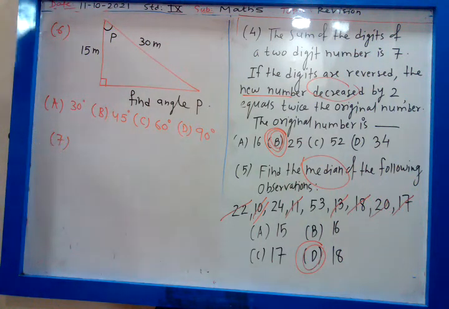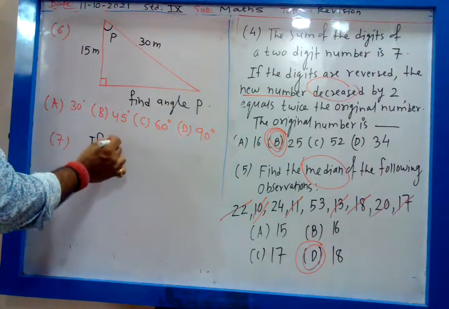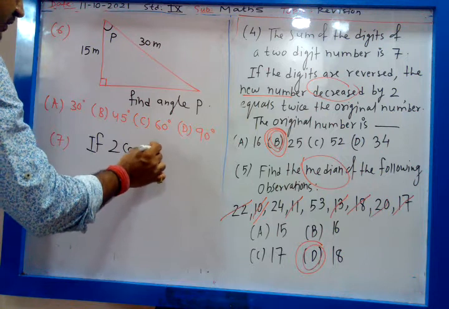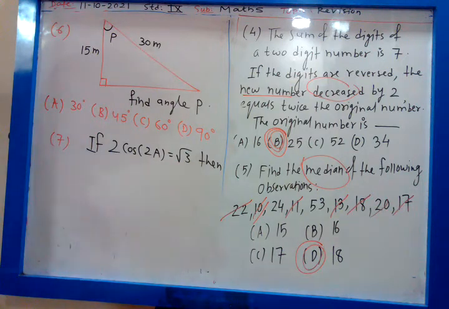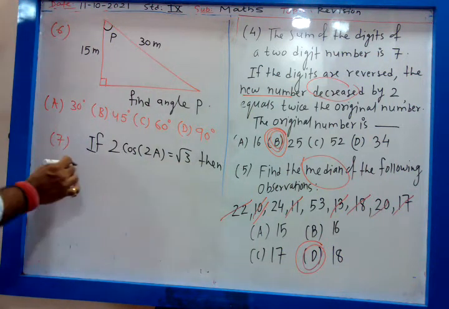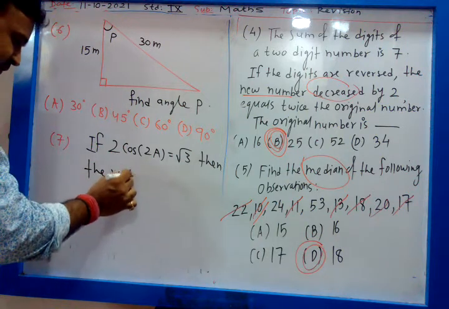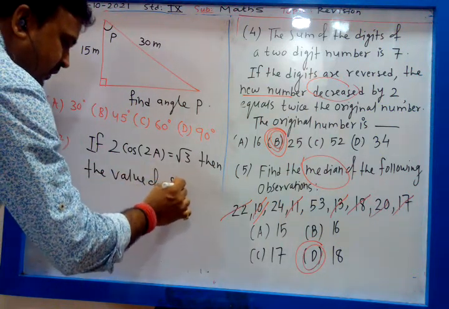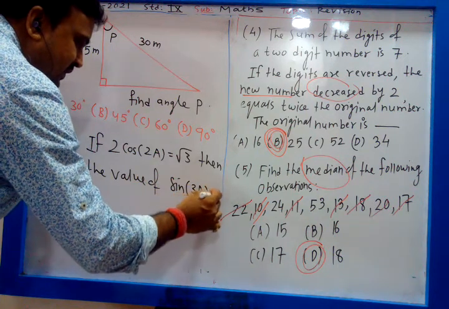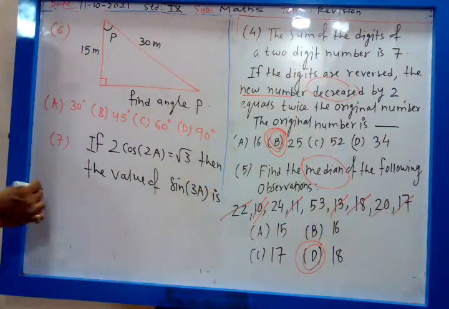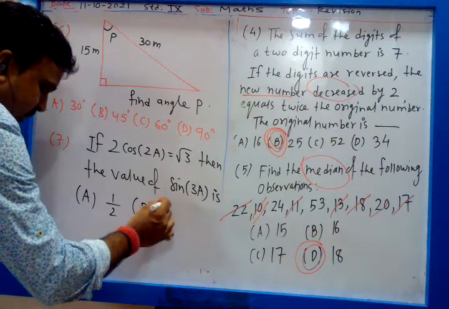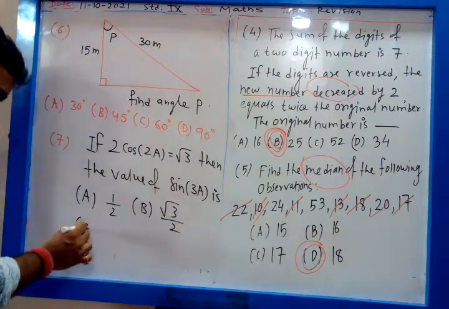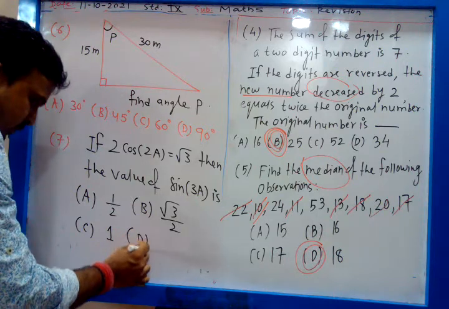7th part. If 2 cos 2A is equal to root 3, then the value of sin 3A is option A 1 by 2, B root 3 by 2, C 1, D 1 by root 2.